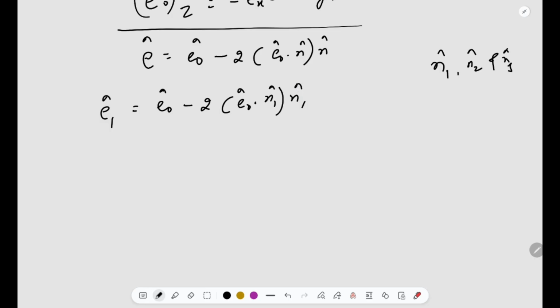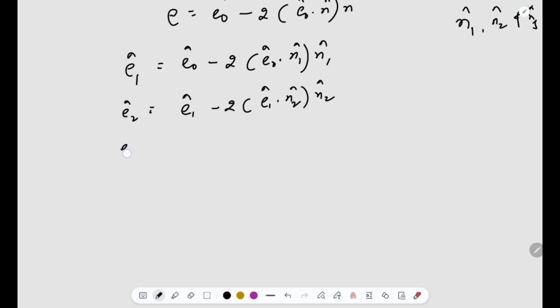And in the same manner you can write E2 equals E1, because E1 is now the incident ray, minus twice E1 dot n2 multiplied by unit vector n2, and for the third reflection, the unit vector becomes E3, and now the incident ray is E2, so you can write it as E2 minus twice E2 dot n3 multiplied by unit vector n3.